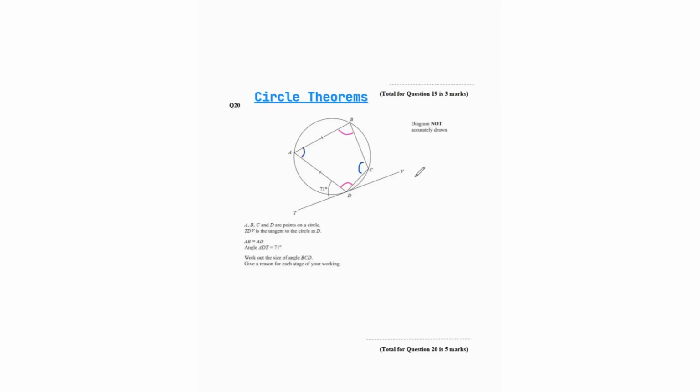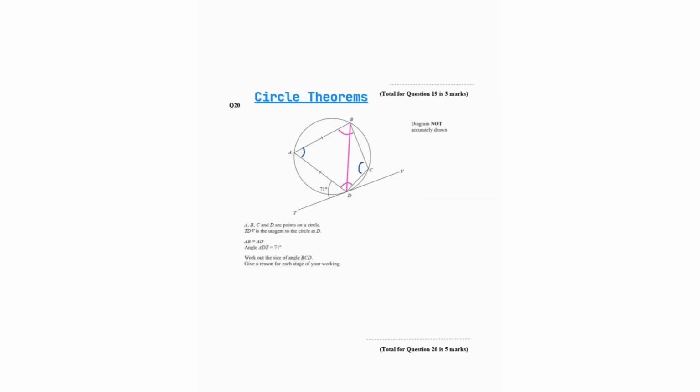So if this is 71 degrees over here, and we have a tangent, and AB equals AD, let me just connect these. If I connect these, we have a triangle ABD. Another rule you need to remember in circle theorems: when you have a triangle in a circle and all three vertices are touching the circumference of the circle, we can apply the alternate segment theorem.